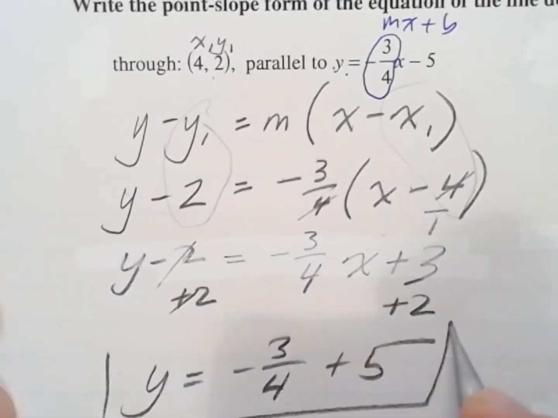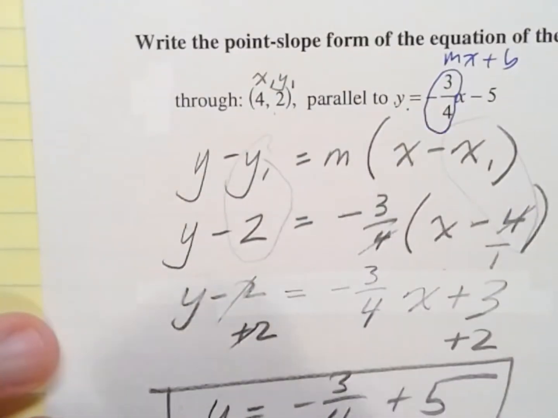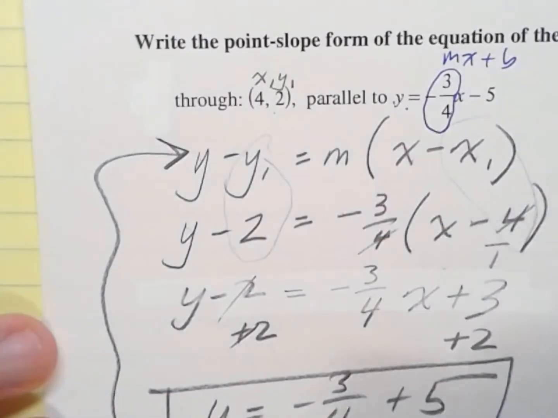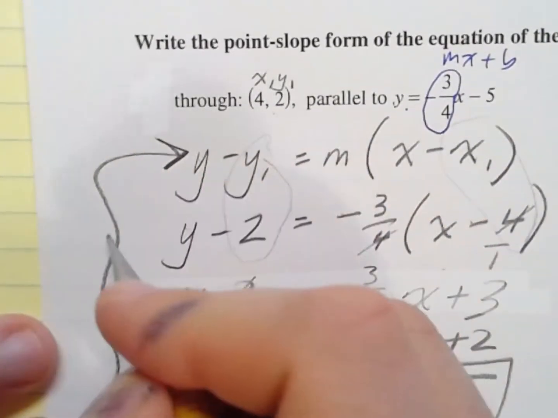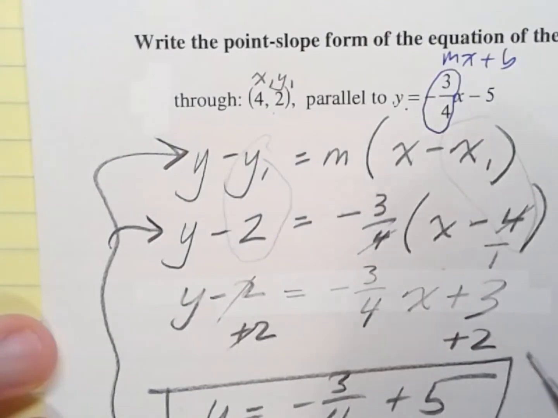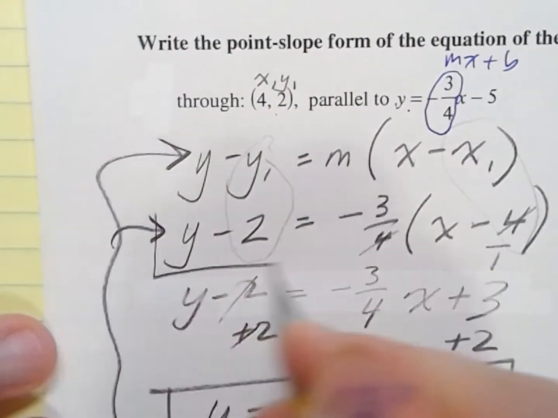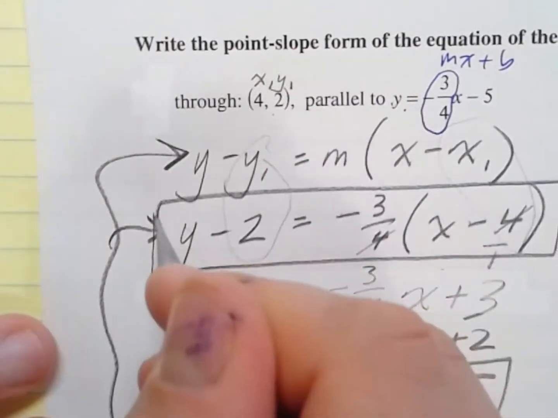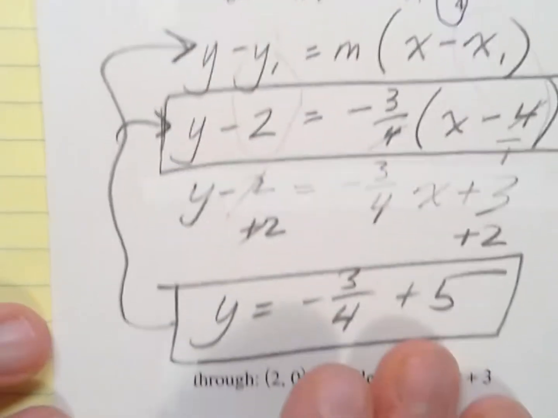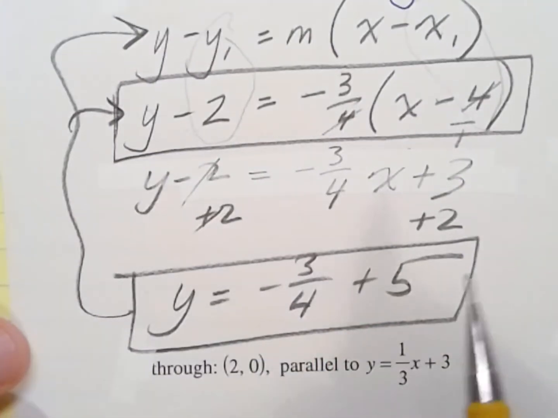And that equation is the same line as what we started with. These are the same line, and if we were to graph them, it would be the exact same line. Both of them describe the same thing.